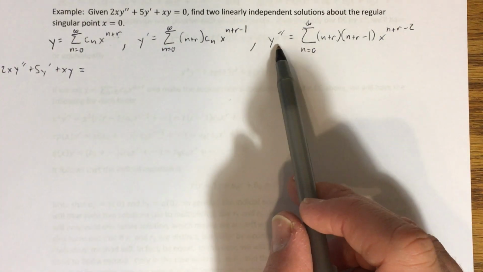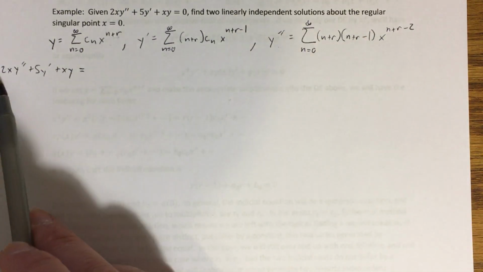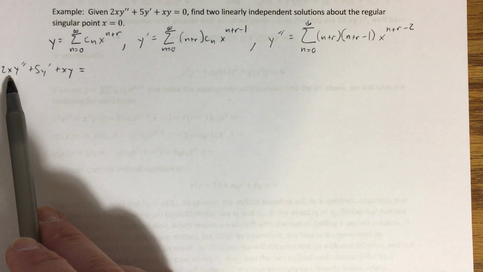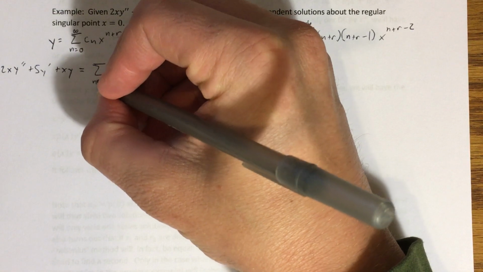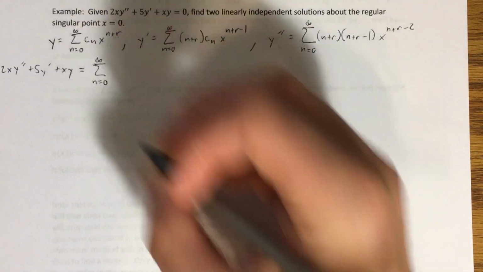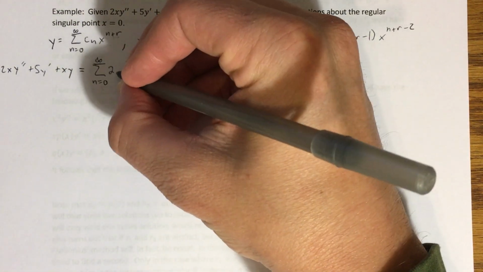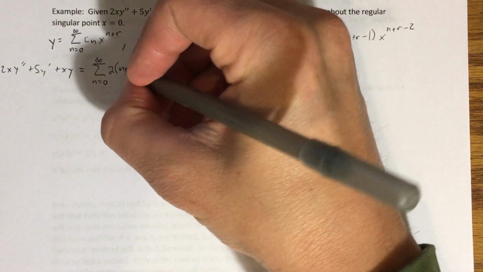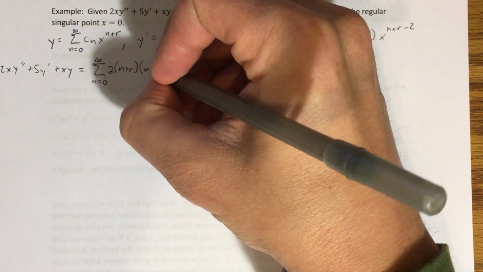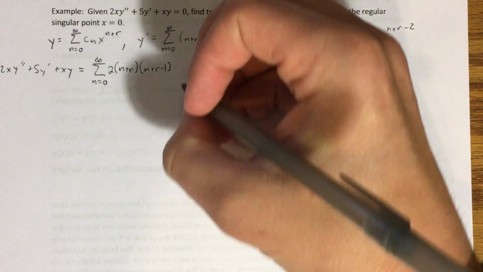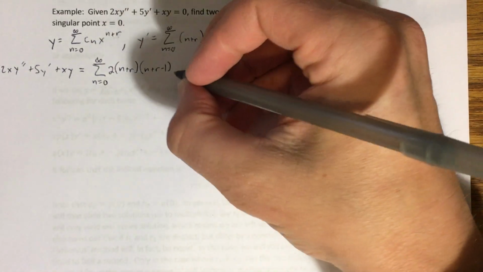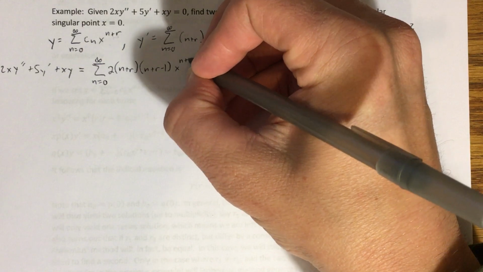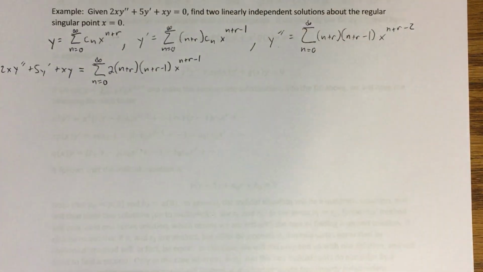Here's my y double prime, and we're multiplying that by 2x. What will that look like? I'm going to get 2 times n plus r times n plus r minus 1, and then multiplying by the x changes this to x to the power of n plus r minus 1.